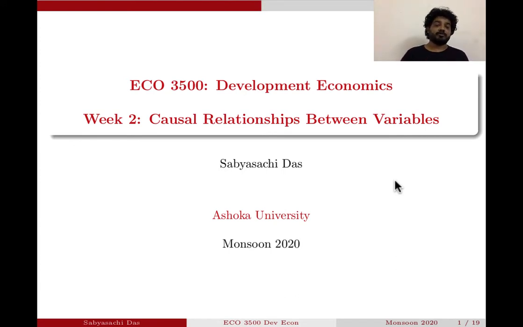We also talked about how to measure poverty using data and what the various issues are that researchers face while measuring poverty, right? Today we will go a step further and discuss more deeply how to actually use data to statistically establish causal relationships between phenomena. So basically, we want to understand what the causal relationships between variables are.